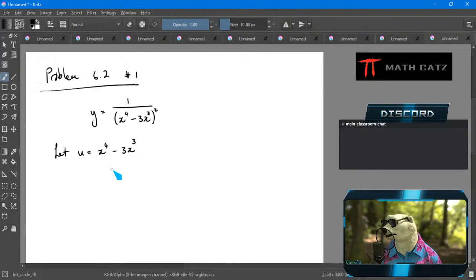But this is the only obvious option that would work for us. Then, once I've made that choice for my inside function, the outside function, of course, is y, in this case, y is 1 over u squared.